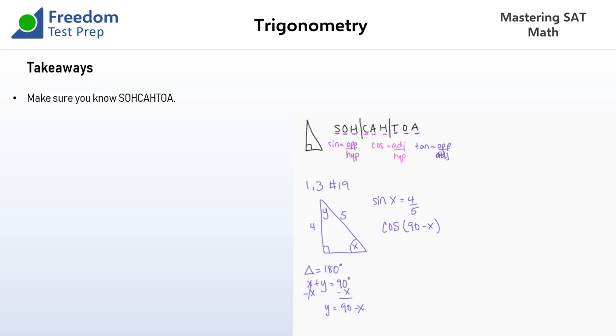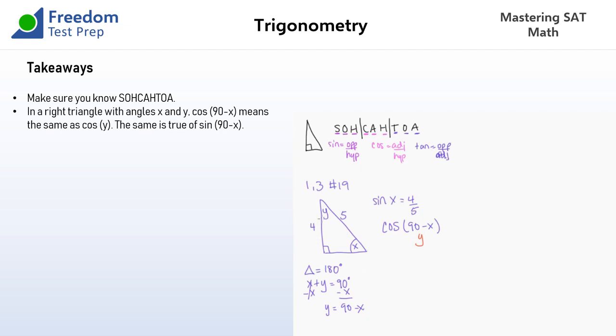So what they're asking for here is really cosine of y. So let's look at y. We're going to stand at y, and cosine, as we know, is the adjacent side over the hypotenuse. Well, the adjacent side is 4, and the hypotenuse remains 5. So check it out.